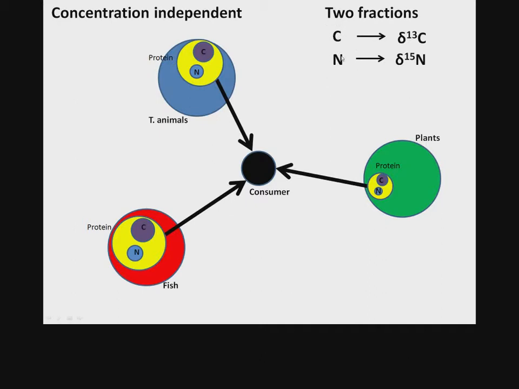But because the concentrations of these two elements are proportional among the different food groups, you could also employ just one simple fraction that you could call protein. And this protein is associated to the two isotopic signals, carbon and nitrogen. Okay? So let me show you how in practice this would work in FRUITS.